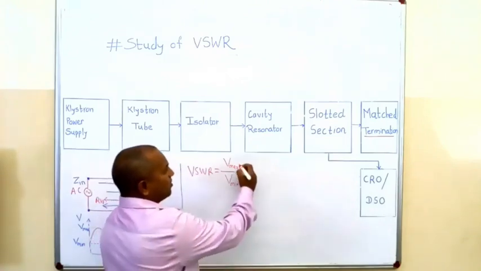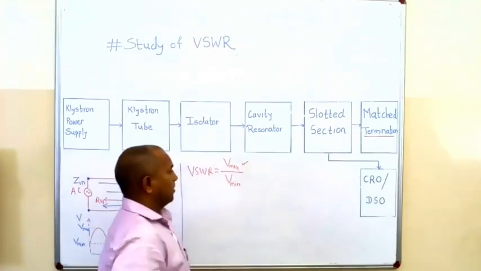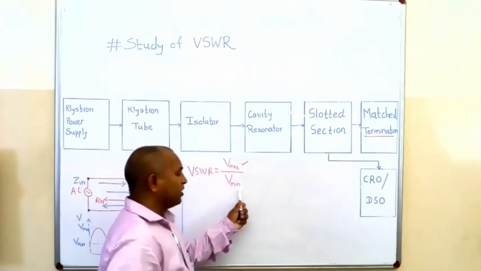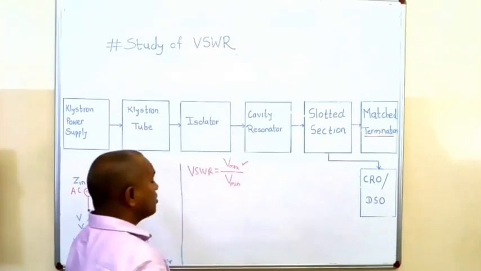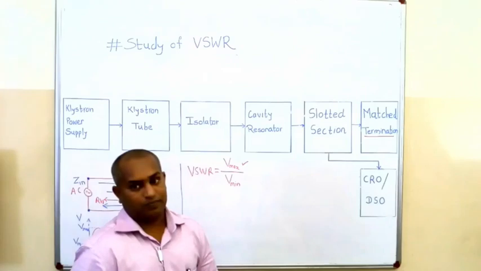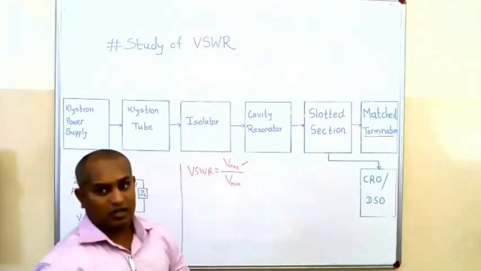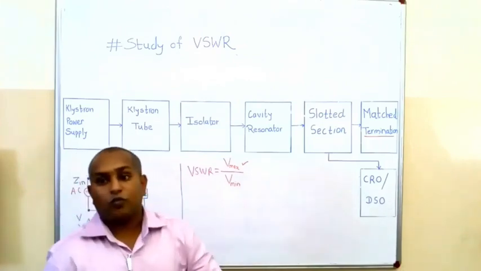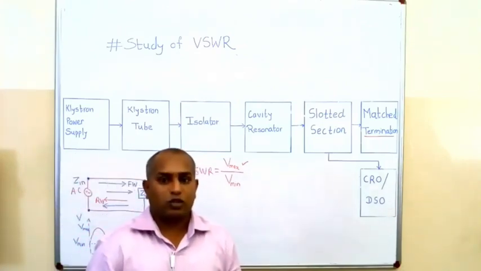Practically, we will measure the VSWR parameter, meaning the Vmax voltage and Vmin voltage, across the slotted line section, by using a slotted line section. But theoretically, first of all, see what would be the value of your VSWR.